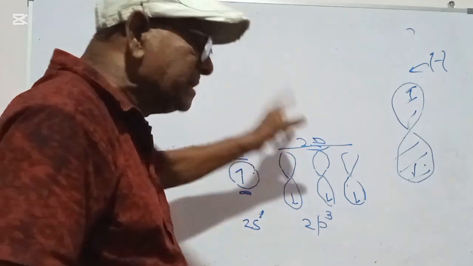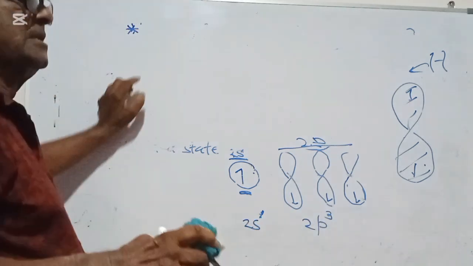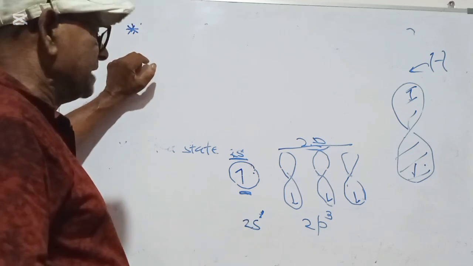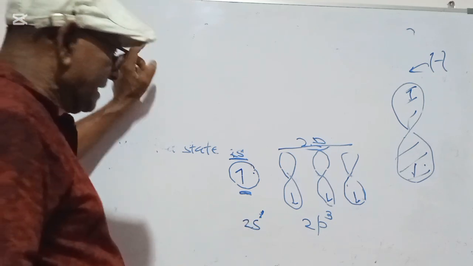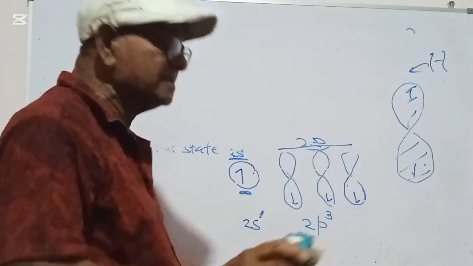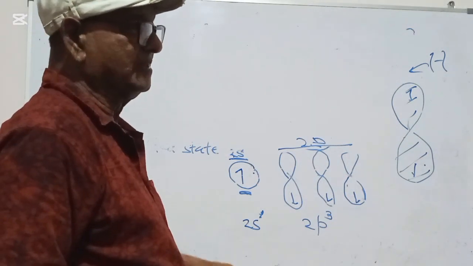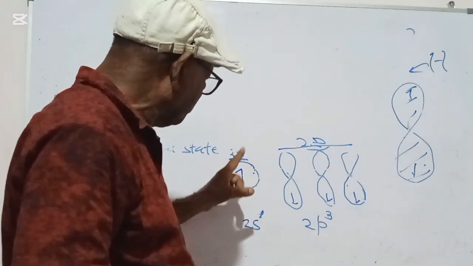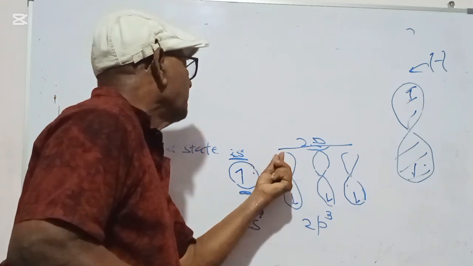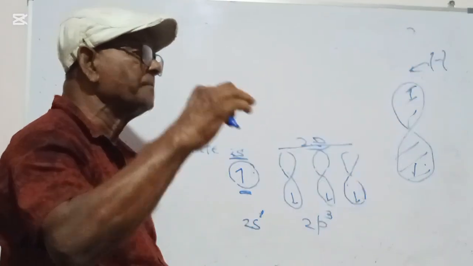Then after the excitement, it should undergo hybridization. During the hybridization, what should be done? Energy difference should be covered up. They come to the same energy level. The other one is the two shapes, spherical, dumbbell. These two shapes become one shape. Right? This is the hybridization.